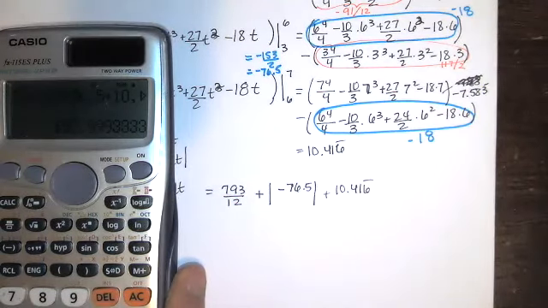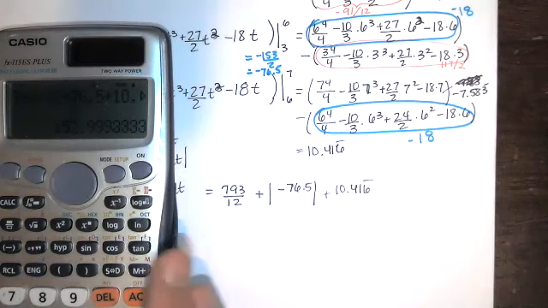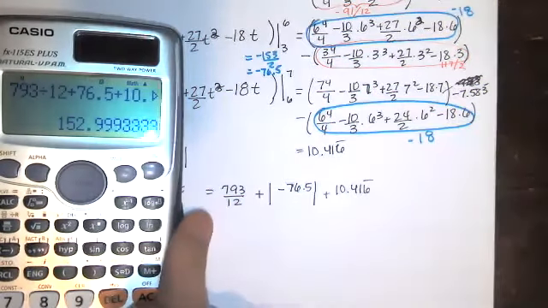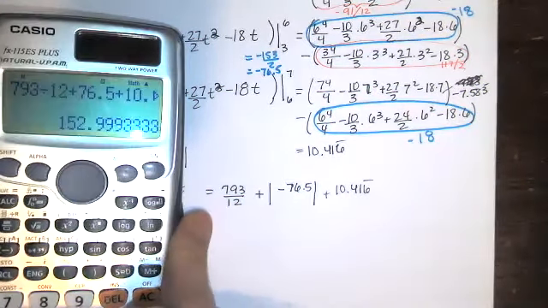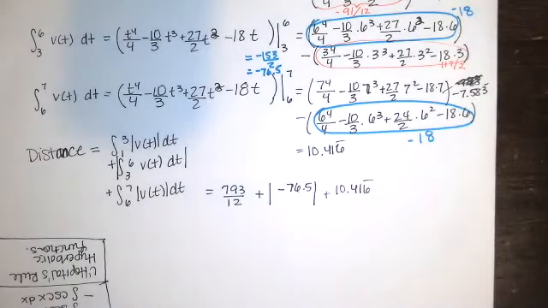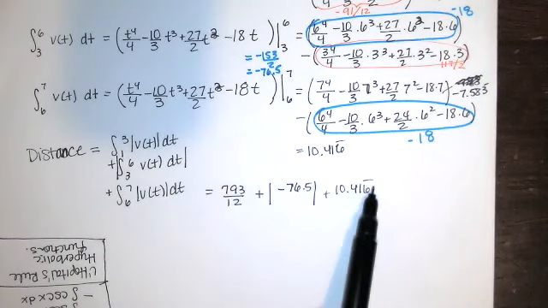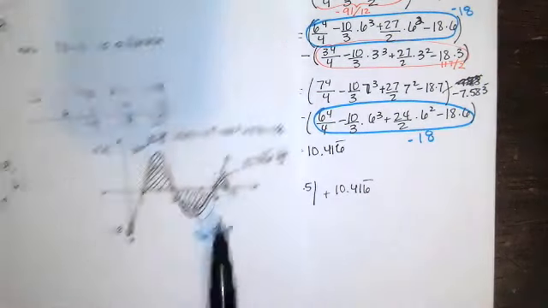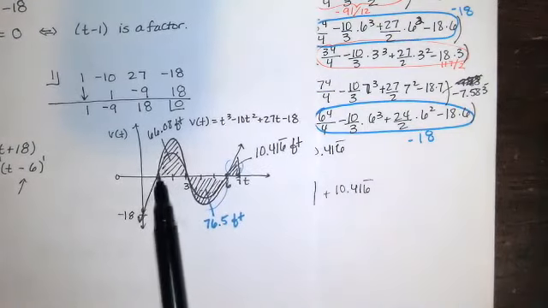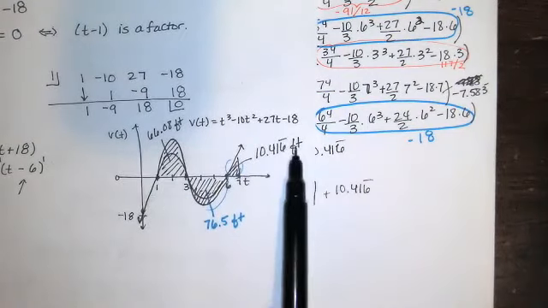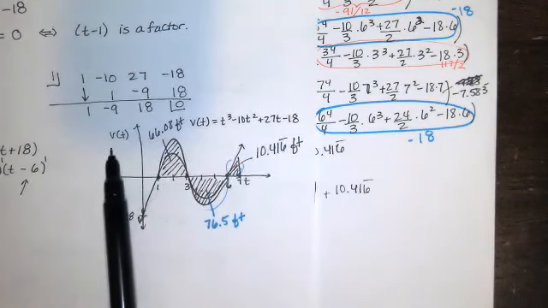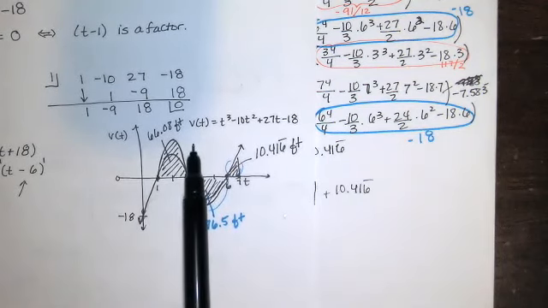So yeah, it's close. Should be exactly equivalent, but maybe I made a mistake somewhere, or perhaps it was just a calculator rounding error. But this minus this plus this gives me displacement, because we went 66 units this way, 76.5 this way, 10.416 this way.